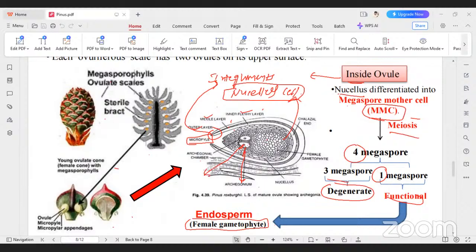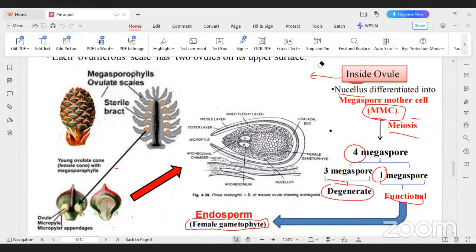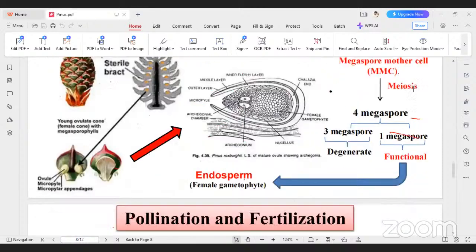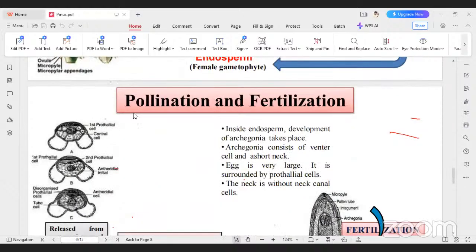Now fertilization. What is fertilization? Fusion of male and female gametes. We already know the development of the male and female gametes. What is pollination? The pollen grain is transferred from one place to another, such as the stigma.